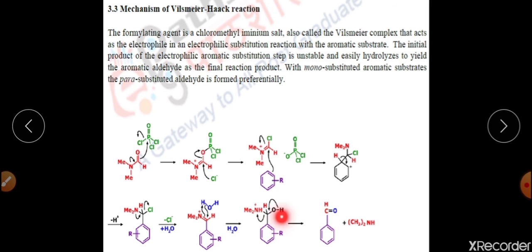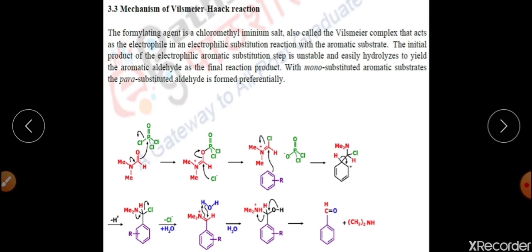Finally, the bond between oxygen and hydrogen will move towards carbon and oxygen to form C double bond O with the elimination of Me2NH, and finally it will get converted into CHO group. And if we are having R group, the R group will be attached here, so formylation will be completed by the last step. So this is the mechanism for the Vilsmeier-Haack reaction, and this is a synthetically very important reaction.